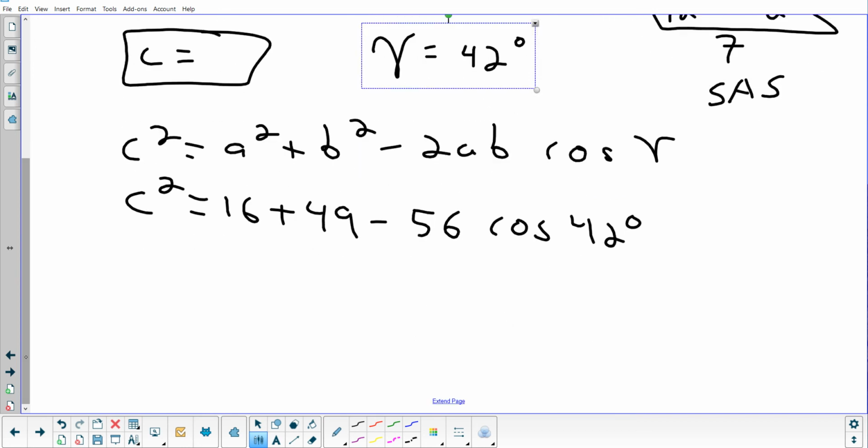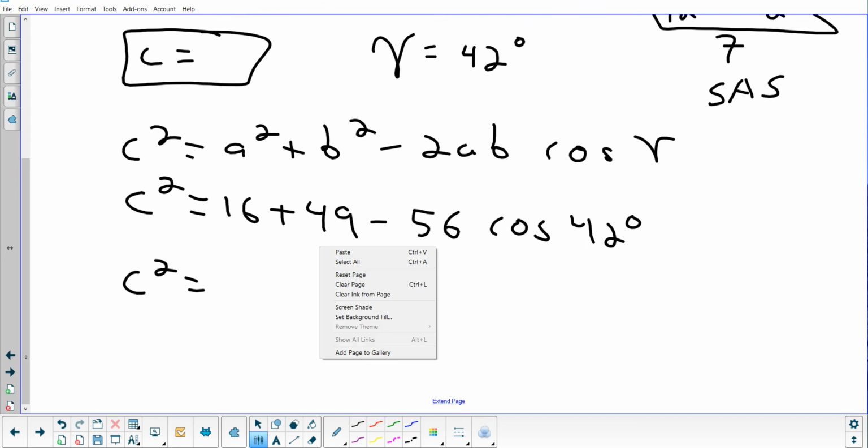All right. Now, what could I do next on the right-hand side just to simplify something a little bit? Yeah, we want to combine like terms. And my like terms here are 16 plus 49. You can always do addition and combine your like terms. 16 plus 49 gives me how much?